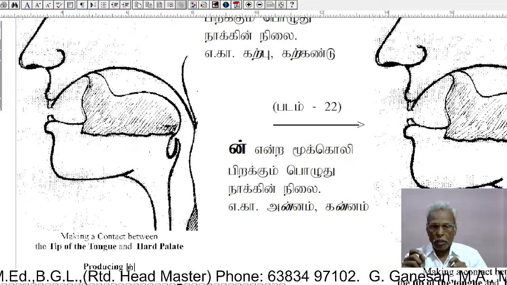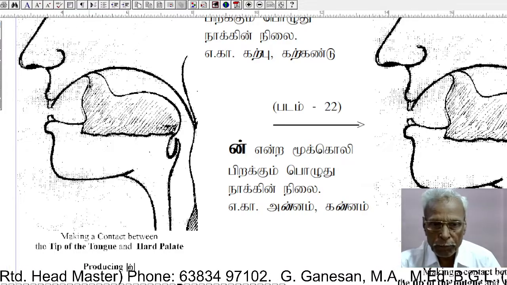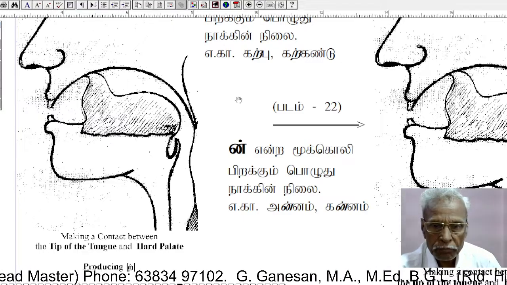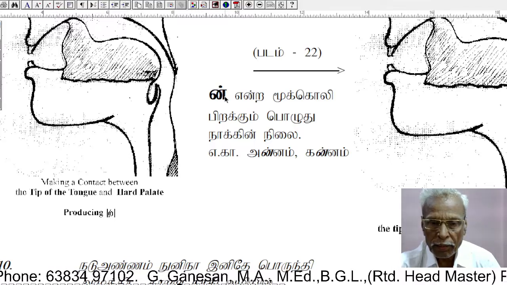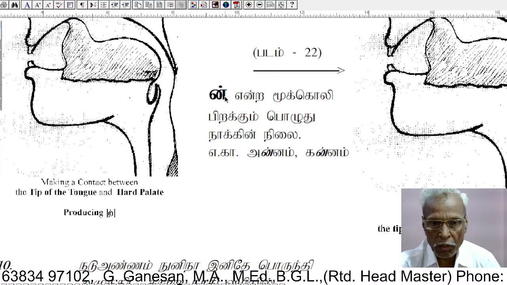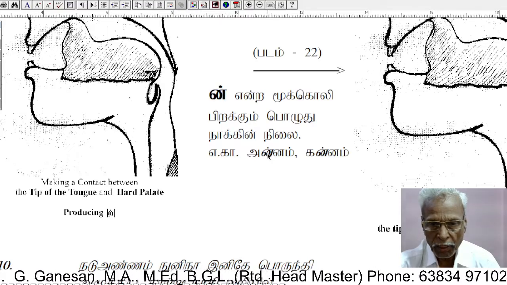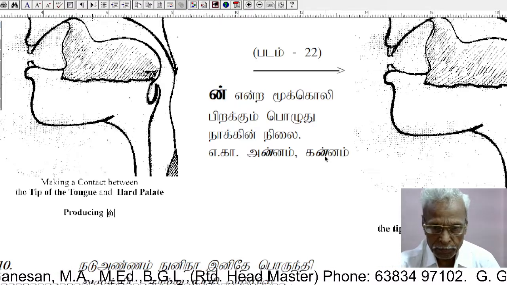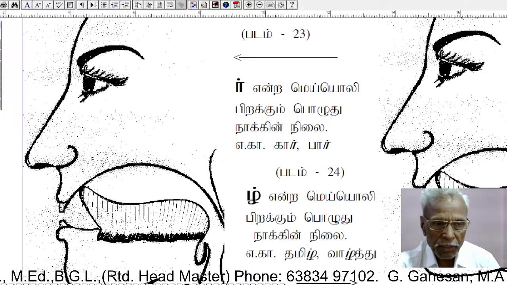Then only a phoneme could be produced. Okay? Here, in is a nasal phoneme, a consonant phoneme. Example, annam, kannam. Let us see.